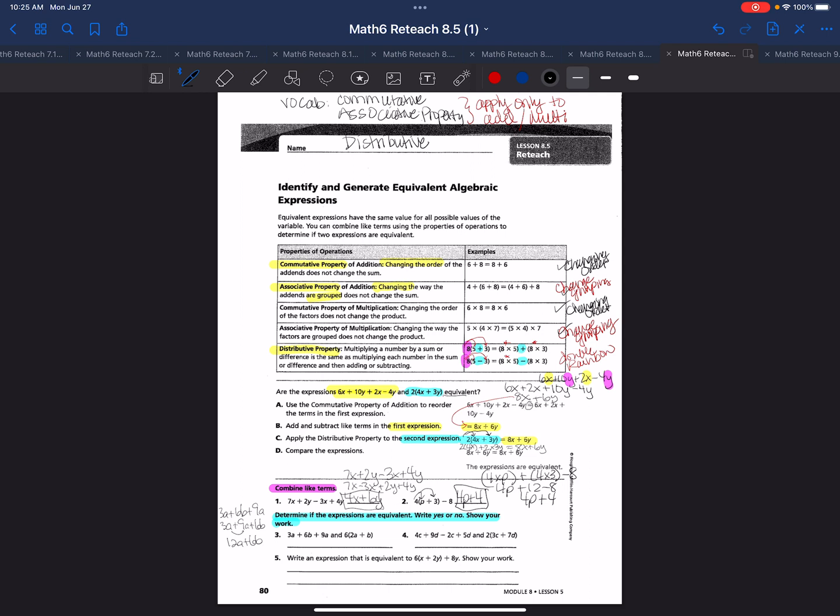Then I need to look at this second expression. So that was my first expression here. Then I'm going to look at the second one, which is 6 times the quantity of 2a plus b.